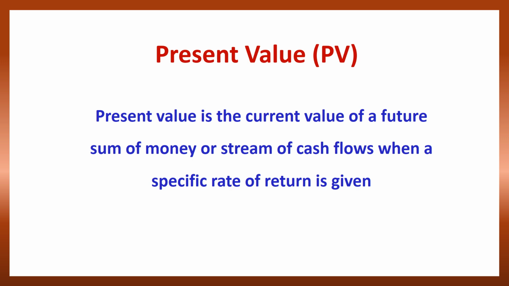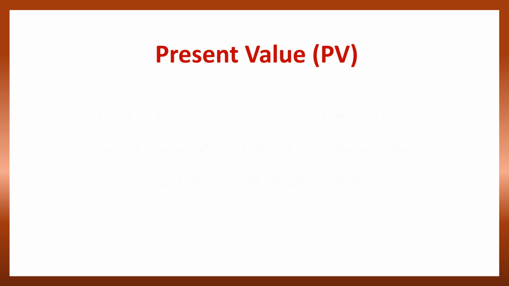That means an amount of money we earn today is not the same as the same amount of money earned in the future. If we earn 100 rupees today, it is worth 100 rupees. But if we earn 100 rupees after 5 years or so, it is not the same as 100 rupees earned today.